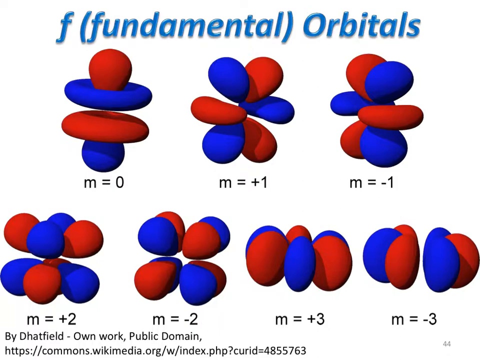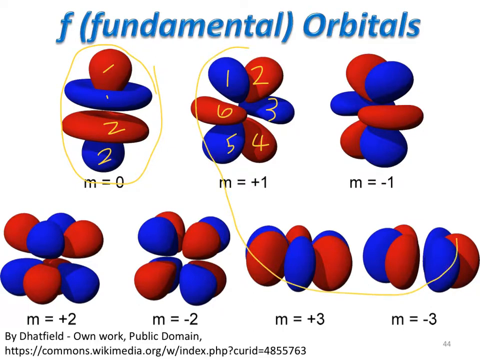F orbitals come in an even greater variety. F orbitals have this one that has 2 lobes and 2 donuts. It also has this type that has 6 lobes, and there are 4 of those, just oriented in different directions.